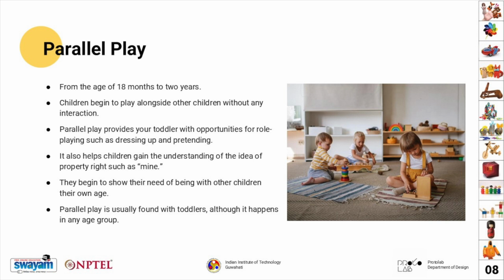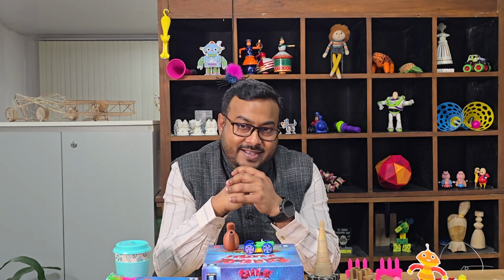You may see two toddlers sitting side by side, both building with blocks, but not interacting directly. They are aware of each other, but not coordinating. This stage is crucial for learning boundaries, ownership, and proximity. Children begin to understand ideas like mine, yours, and personal space.